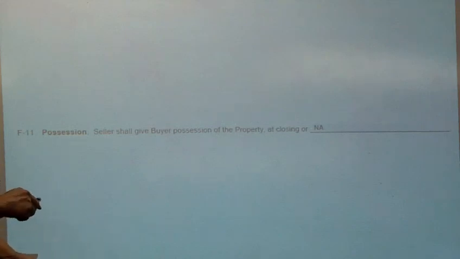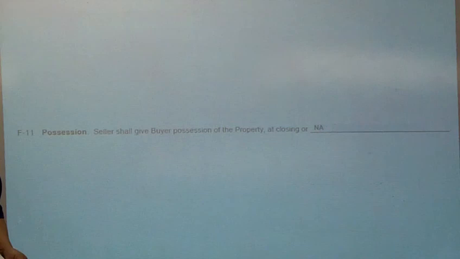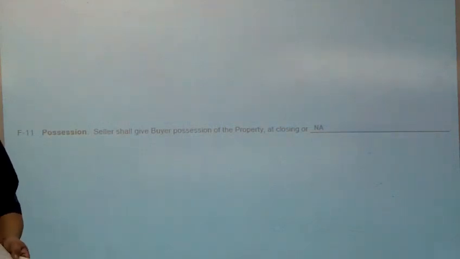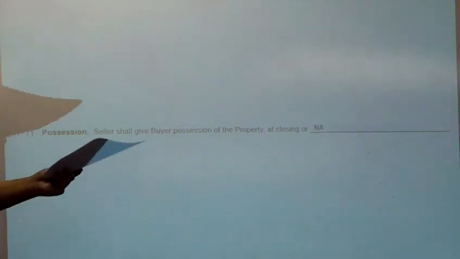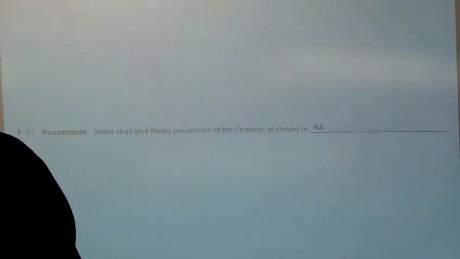Then you would address this. Possession will be something other than at closing. They're not going to get it until after the seller vacates. Seller may say, we need to occupy the unit for 30 days after closing. Then that would be different, okay?